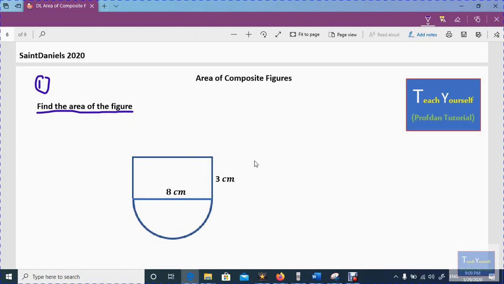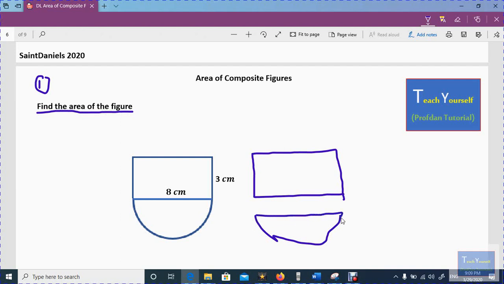In this case, I have a rectangle and half of a circle, which is a semicircle. Don't mind the figure. So here is 8 centimeter, and here is given as 3 centimeter.